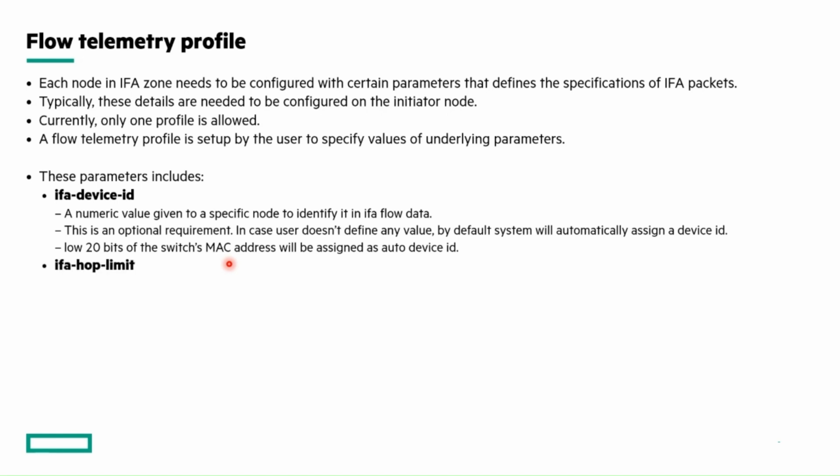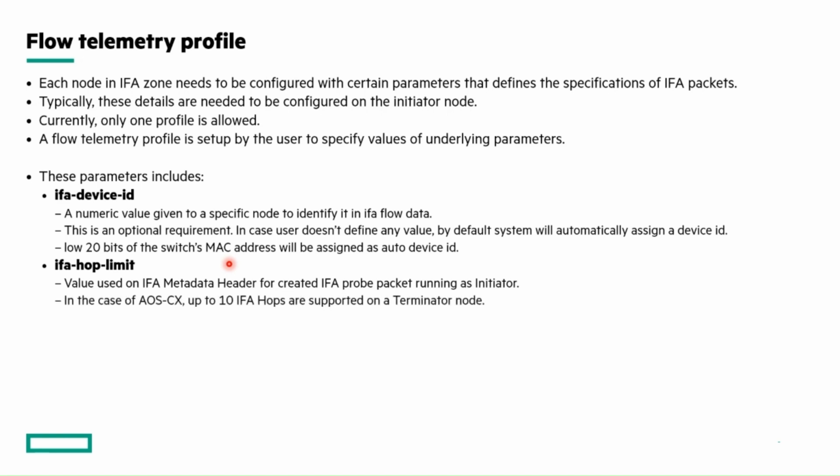Next, we have the IFA hop limit. This is a value which is used in the IFA metadata header for a created IFA probe packet running as initiator. So this is the limit that you set up, and it is appended to your IFA packet itself. In case of AOS-CX, only up to 10 IFA hops are supported on a terminator node.